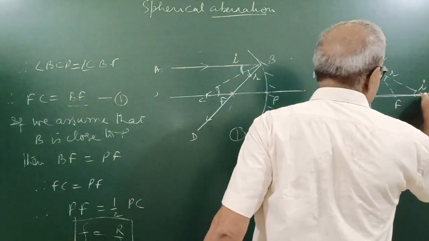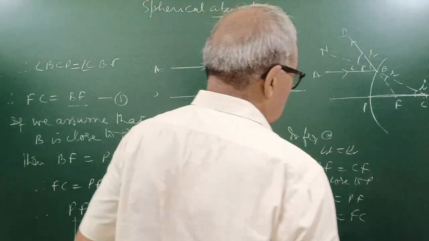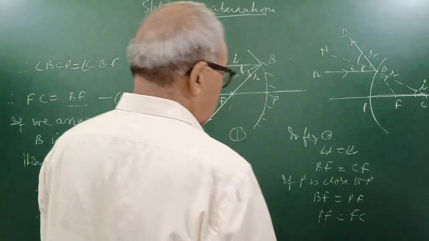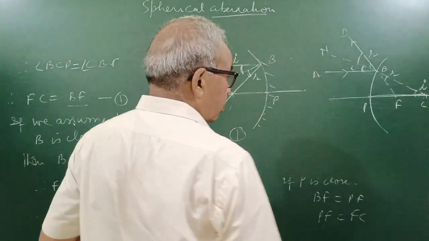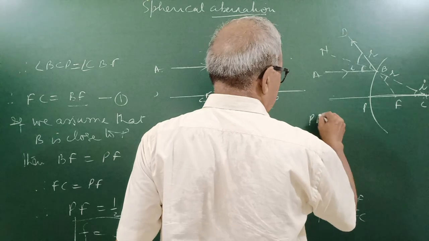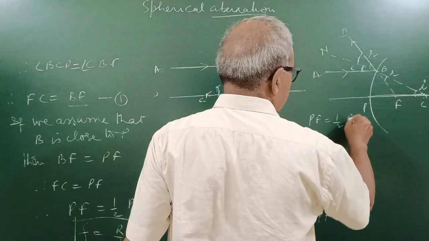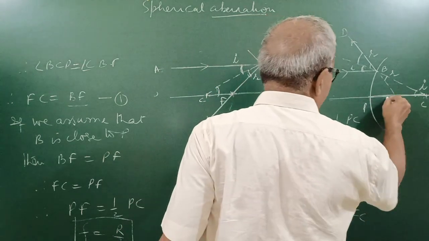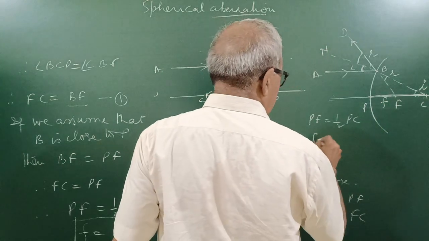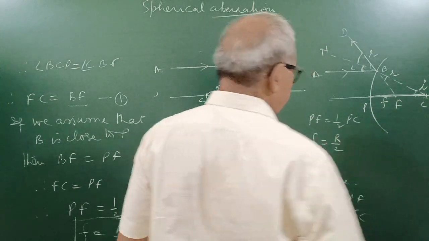PC is our radius of curvature. And therefore PF is equal to half of PC, and PF is equal to F. Focal length equals R by 2.